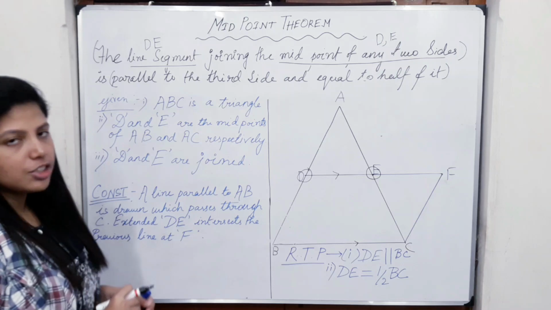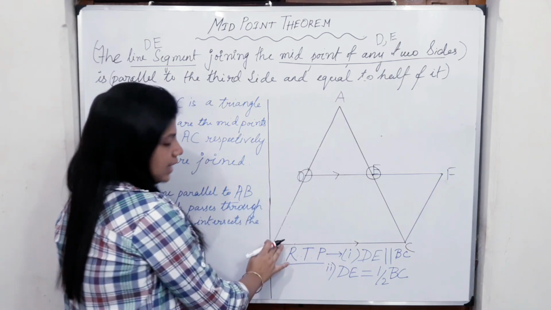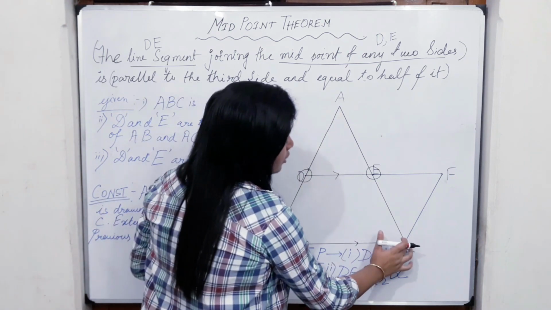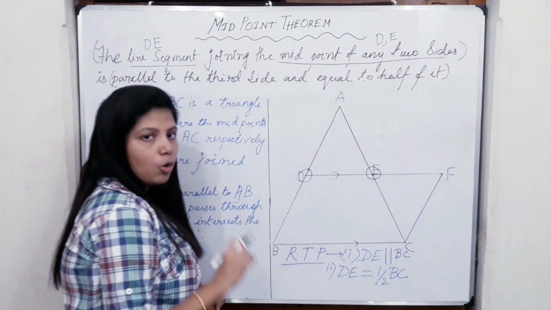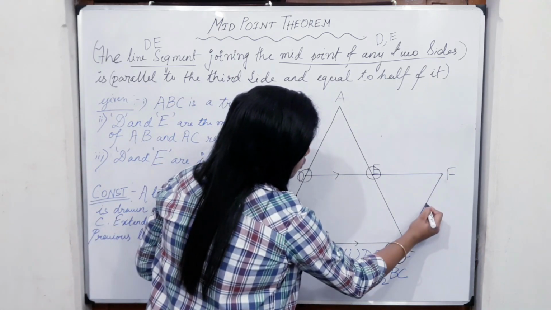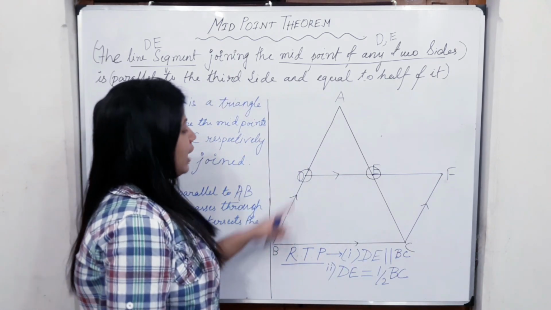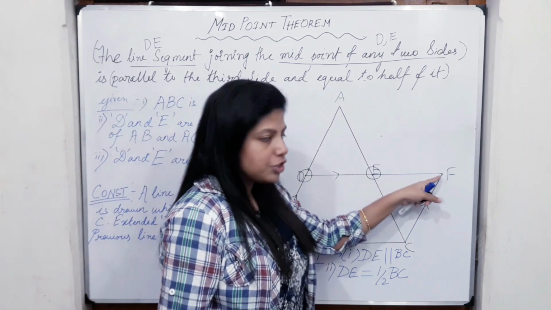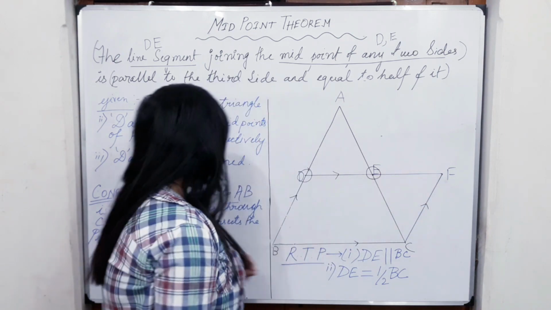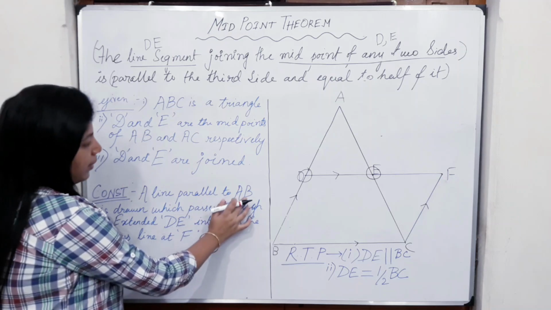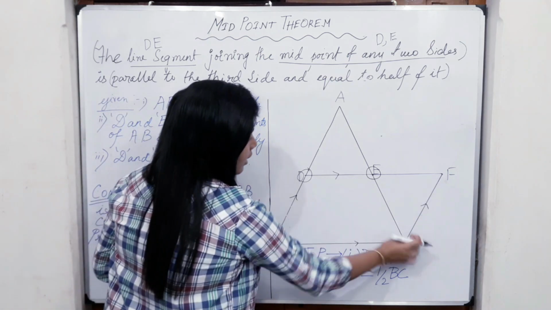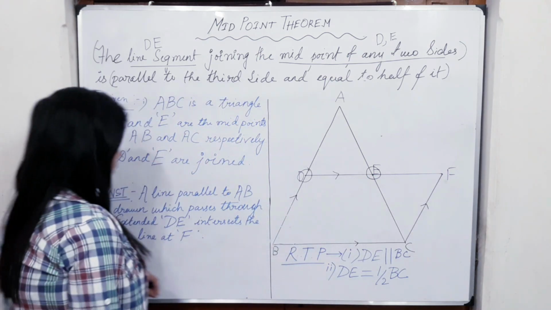Construction. Now what is construction here? AB is a line segment. I will draw a line parallel to AB which passes through C. Now if I extend DE in this direction, it intersects the previous line at the point F. So it is written here, a line parallel to AB is drawn which passes through C. This whole part is construction here.